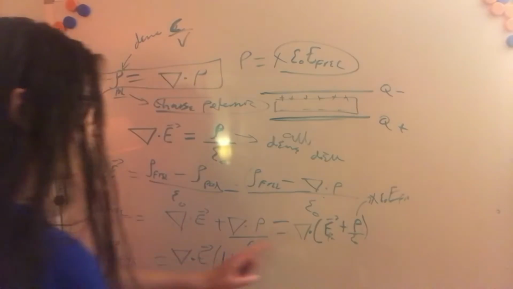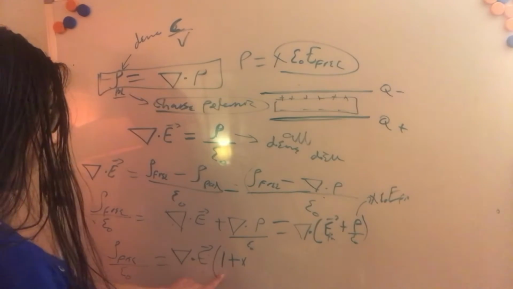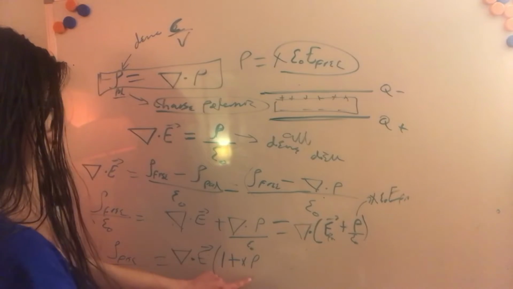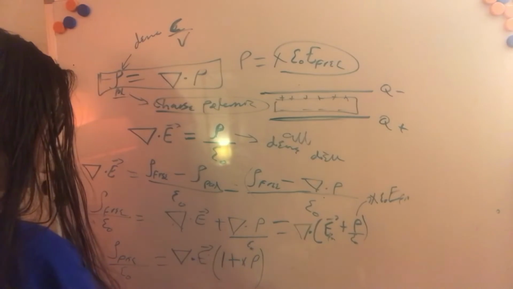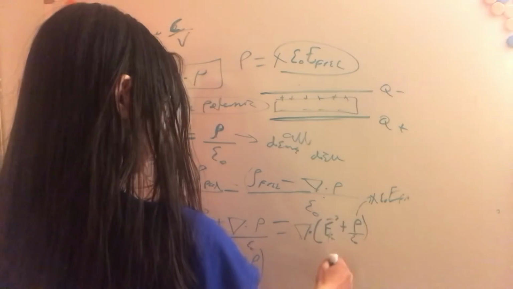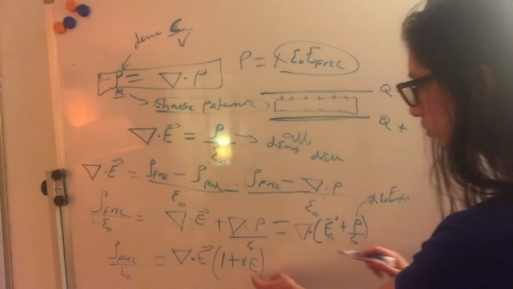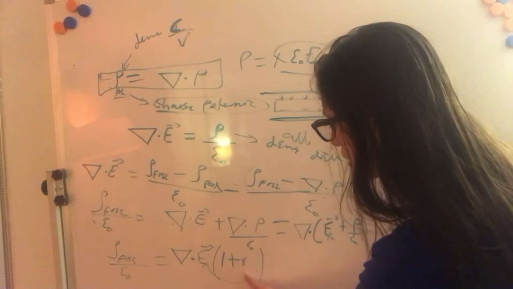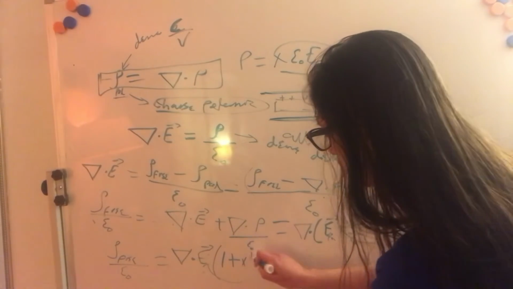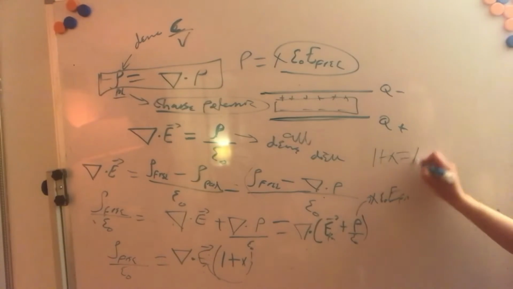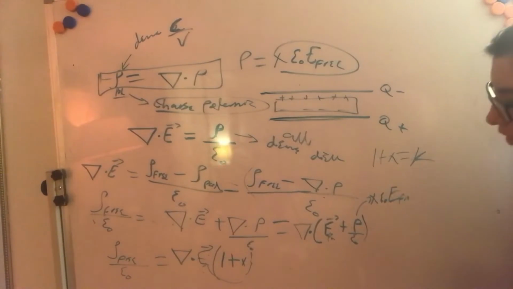Divided by epsilon naught. That happened. So here I have 1 plus chi, and the electric dipole moment times the electric field. No, the electric field is just E. 1 plus chi, and 1 plus chi is the K constant, or the dielectric constant.